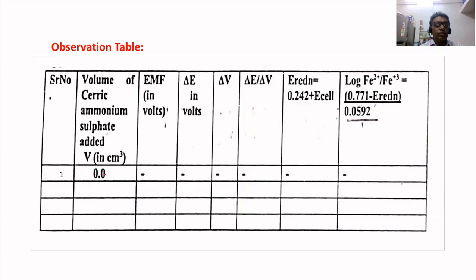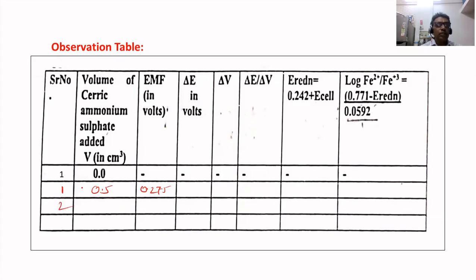For 0.0 addition of the ceric ammonium sulphate, it is not necessary to take a reading, so start from here. This is the first reading. On addition of 0.5 ml, suppose we get a reading of 0.275 volt. After adding the 0.5 ml solution into the beaker, we stir the beaker, and the EMF of the cell noted by the potentiometer is 0.275 volt.